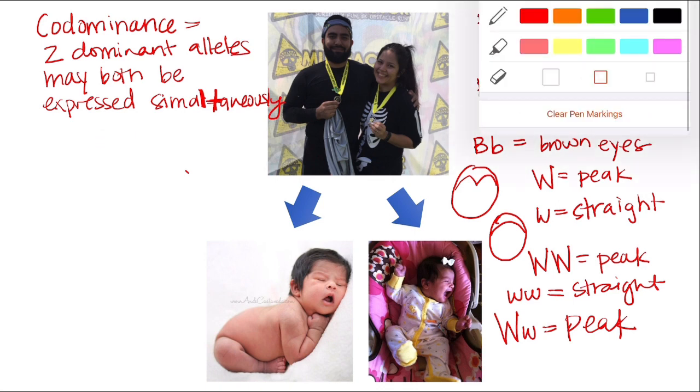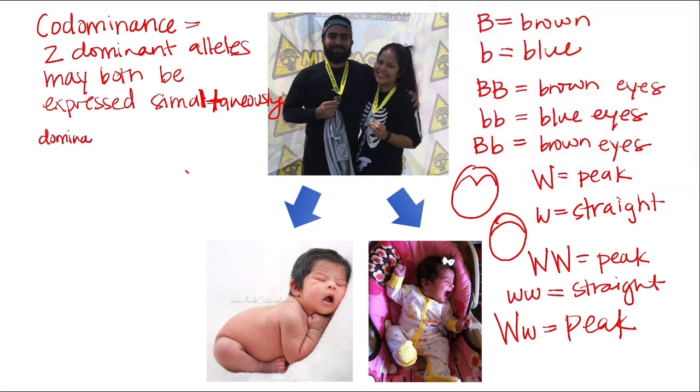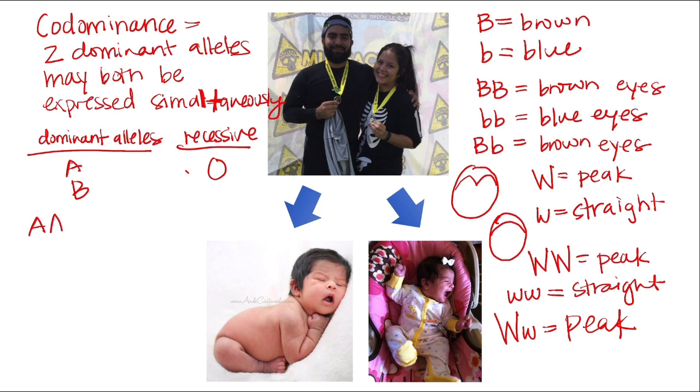So our dominant alleles are A and B, and our recessive is O. So what that means is, if you have, obviously for type A, if you have two copies of A, you're going to be type A. If you have two copies of B, you're going to be type B. And remember, one copy comes from mom and one copy comes from dad. And then obviously, if you have two copies of O, you're going to be type O.